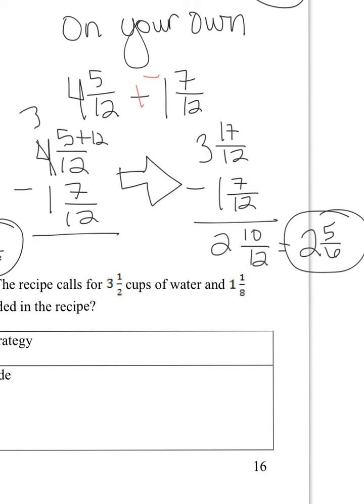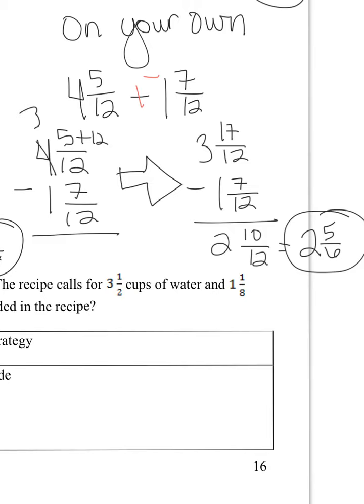And one whole piece, when I break it up to be the same size as my 12ths, means I'm going to add 12 to my numerator to represent the one that I borrowed. Rewrite my fraction, and I get 3 and 17/12 minus 1 and 7/12. Subtract, and I get 2 and 10/12, which then needs to be simplified to 2 and 5/6.